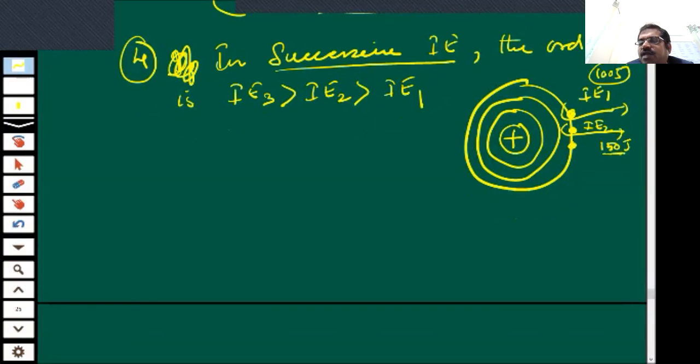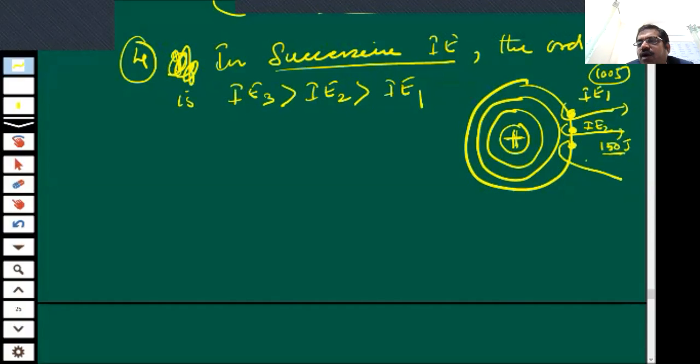Definitely, because the particle will become small by the loss of this electron, because inside Z is there. So as electrons decrease, the effect of Z will increase. And if the power of Z increases, the size of the atom will decrease. And when the size of the particle decreases, it will be difficult to remove an electron.